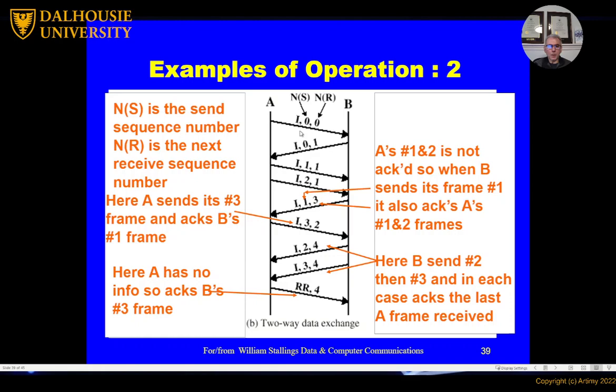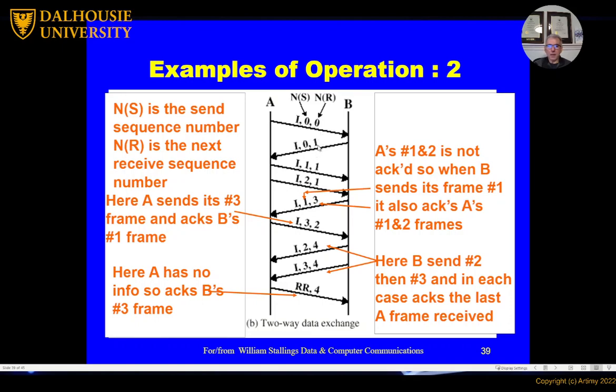Here, this I represents an information field that's coming from A. It has a sequence number 0, and it has an acknowledgement piggybacked, also 0. B sends information back, so both sides are sending information to each other. The information field has a sequence number 0 and an acknowledgement 1.